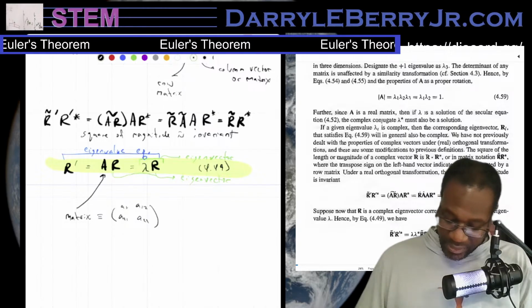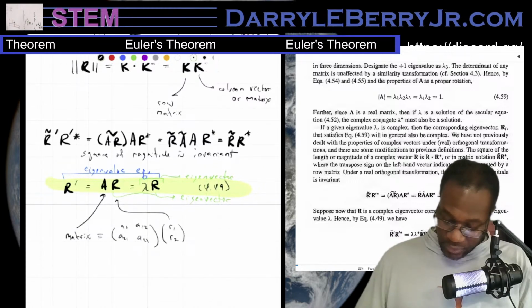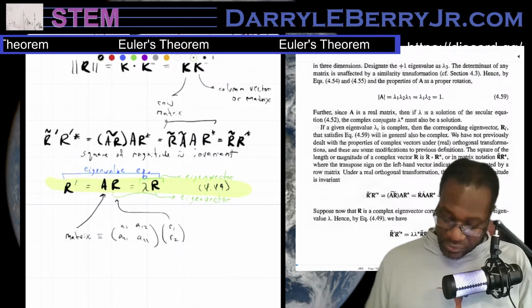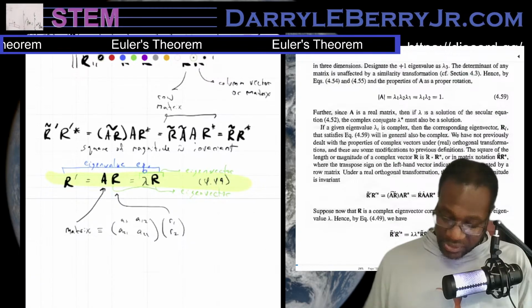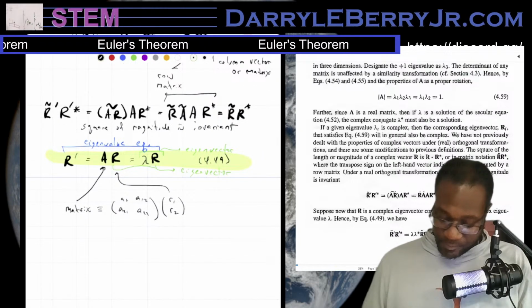And then you have a vector X, or I'll just say R1, R2. And this simply refers to these vectors and matrices, and also to the complex conjugate of the same.